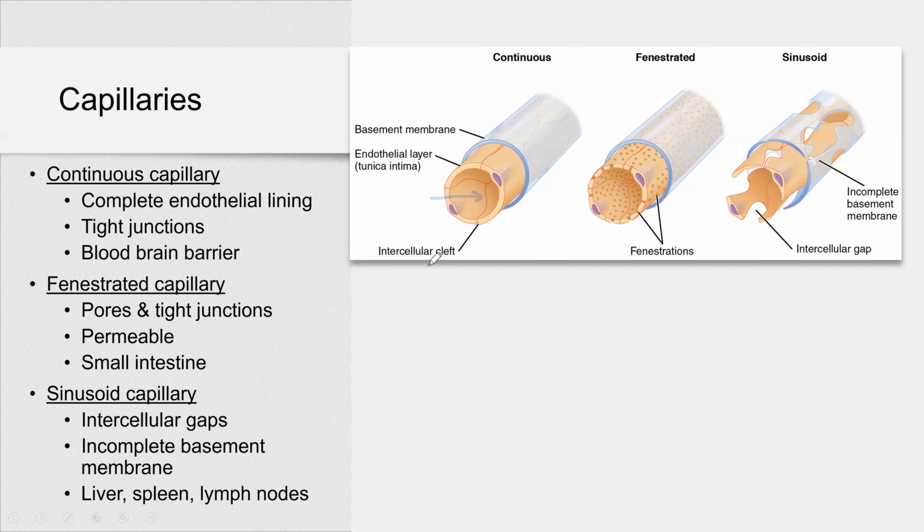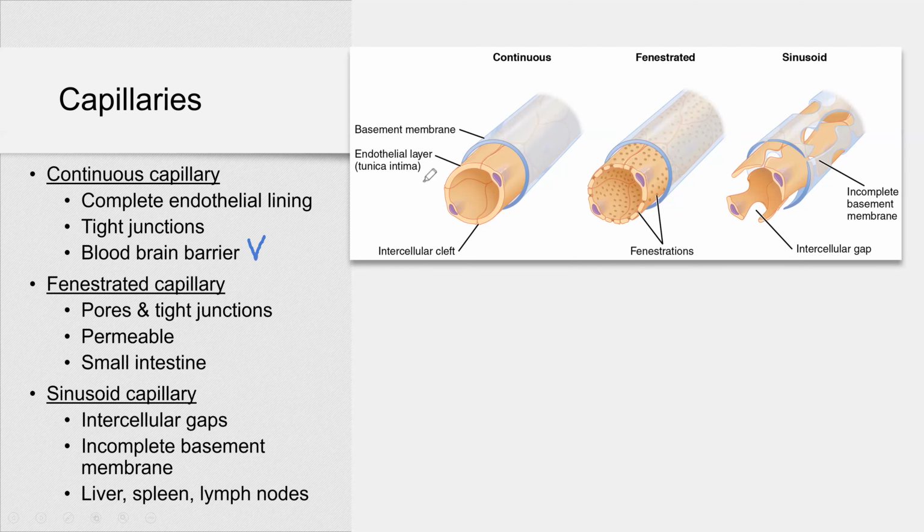It does have intercellular clefts. This is a connection between cells, and this is where stuff can move in and out through those clefts. It has tight junctions between cells, and many of these continuous capillaries you will find in your brain, and they are part of what is called the blood-brain barrier.